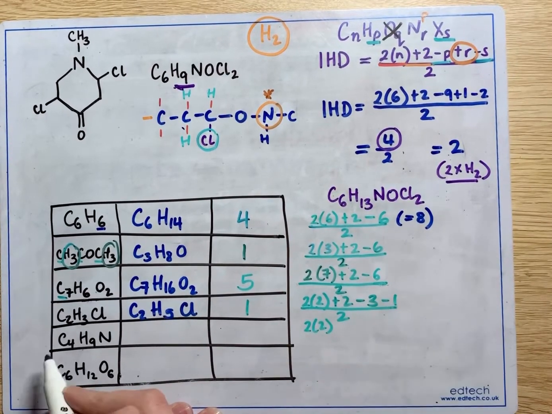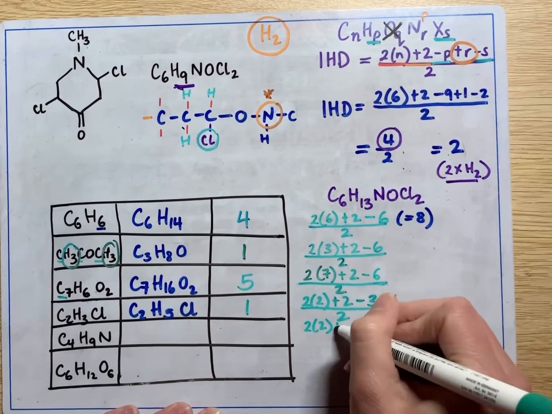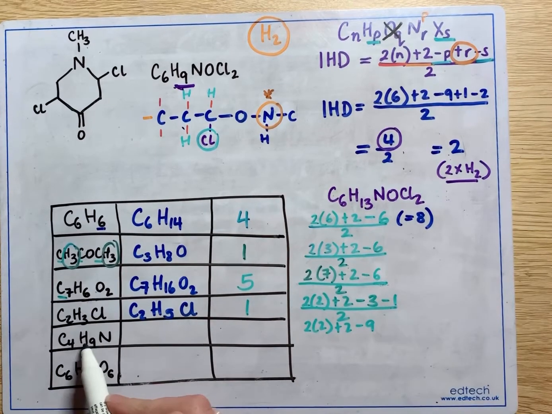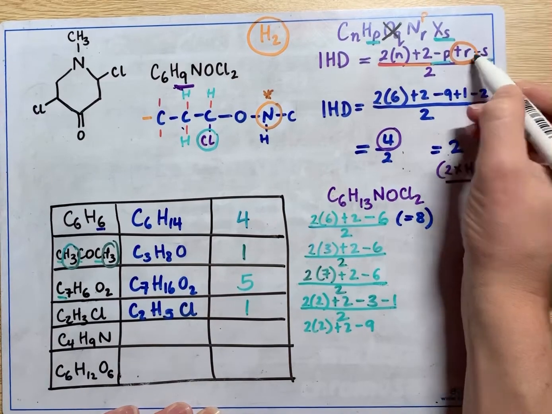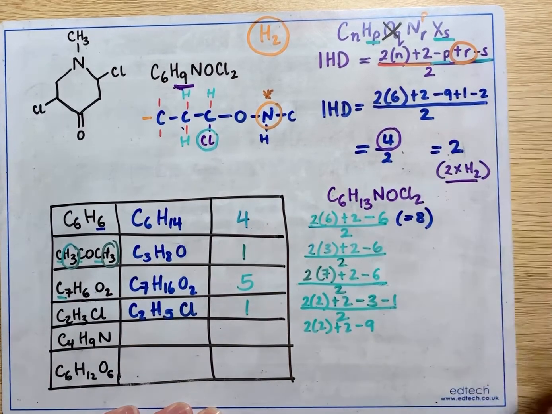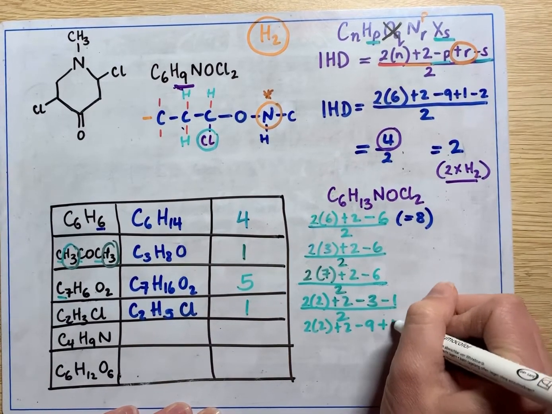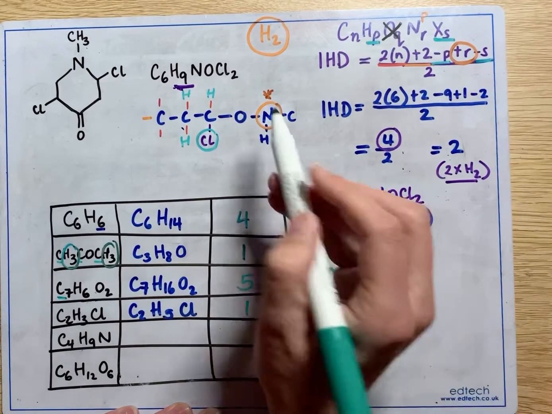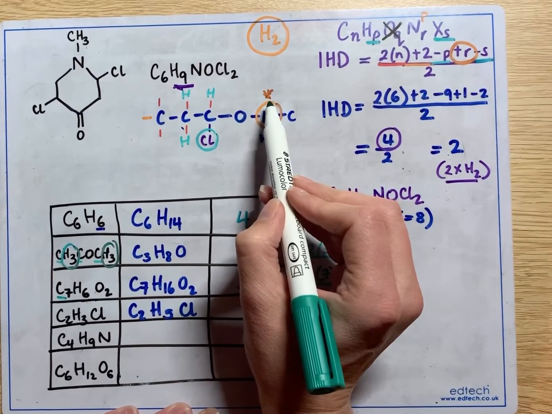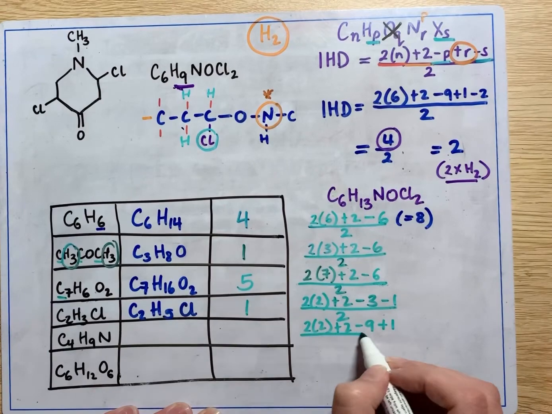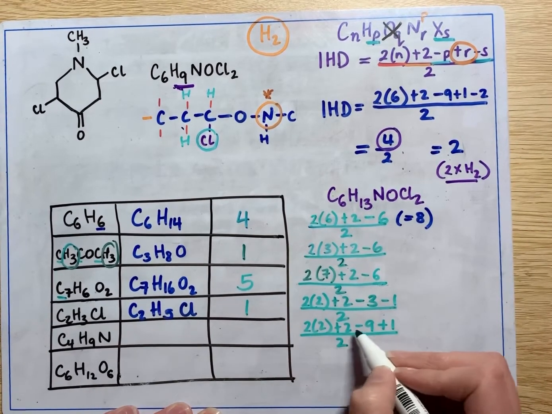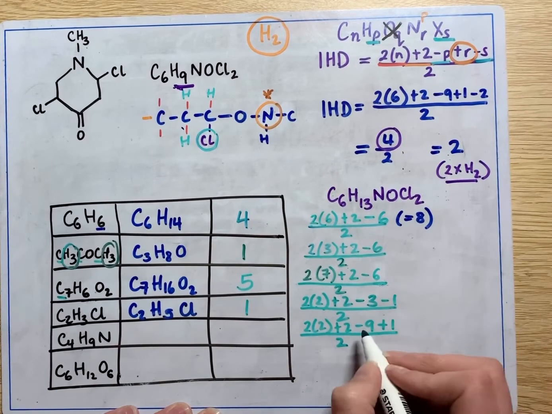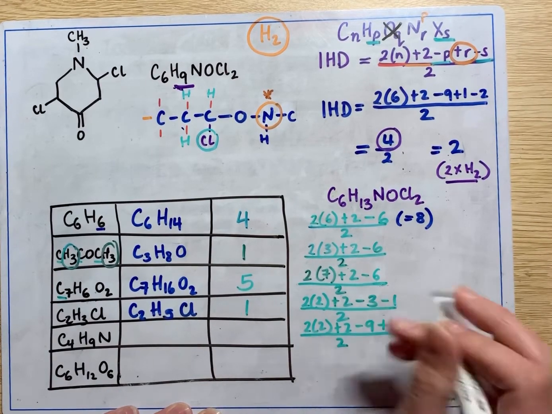2 plus 2 minus 9 hydrogens. Now we've got one of our nitrogens. So nitrogen, the R, in our formula we have to add it. So plus the 1 nitrogen that's there, because nitrogen has 1 less available space to fill with hydrogen. 2 times 2 is 4, plus 2 is 6. Oh, sorry.